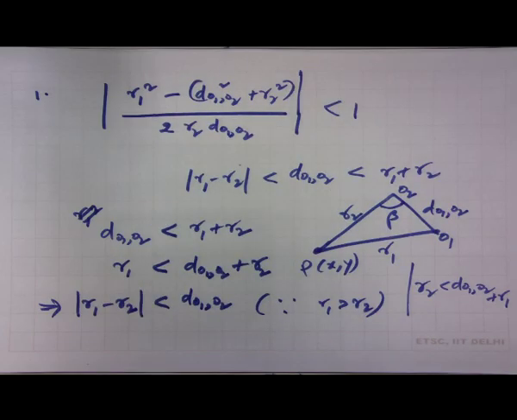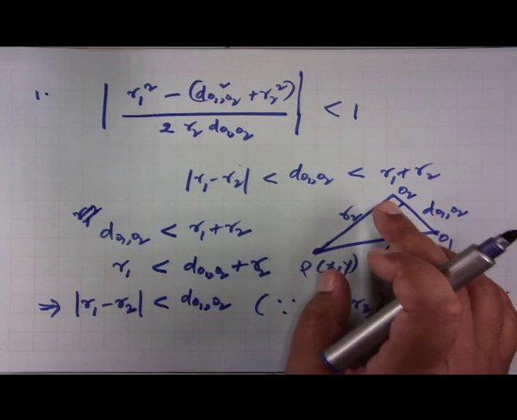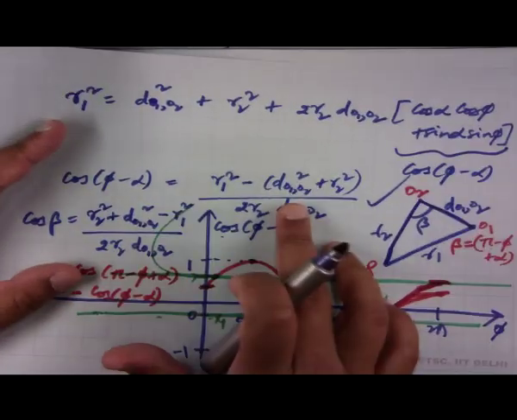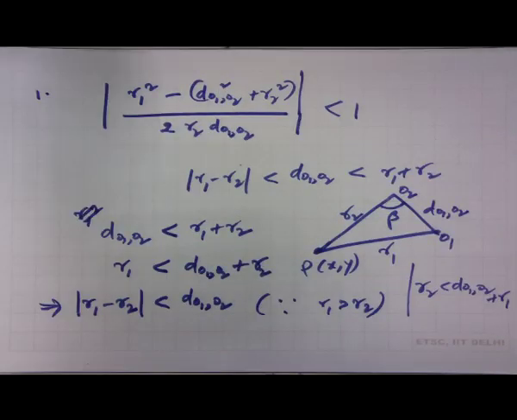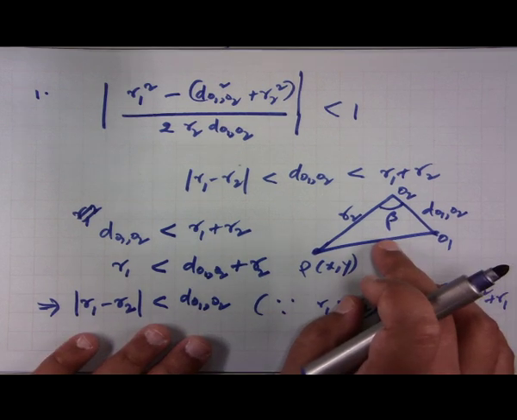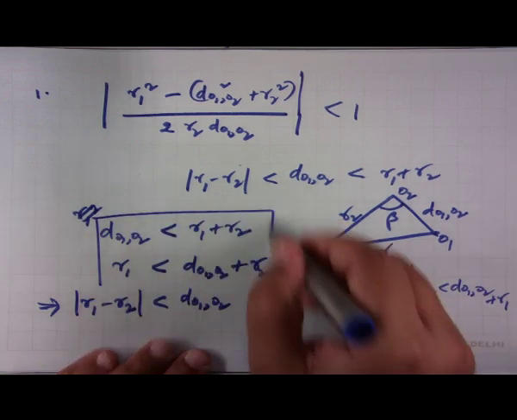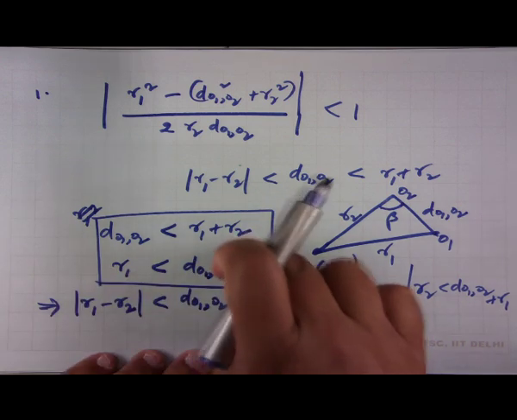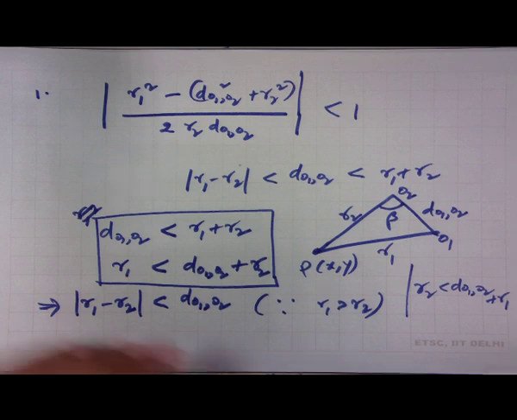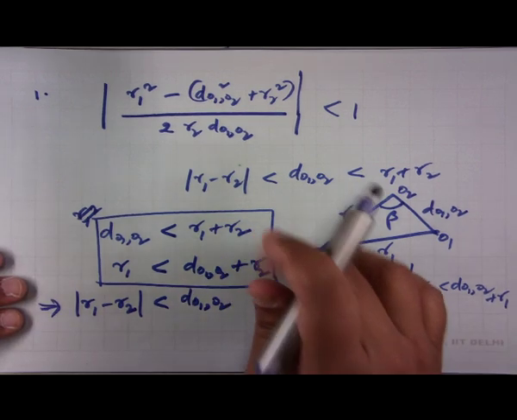We also showed that this equation corresponds to the cosine law for one of the triangles in the first figure, and then applying the triangular inequality to that triangle, we showed that these two conditions must be satisfied if the two circles are intersecting at 2 points. So, we have shown only one way implication: if the two circles intersect, then these two should be satisfied.